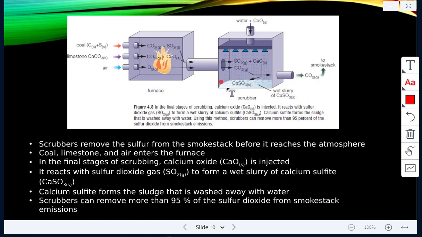That's what we see here, calcium sulfite, which forms a sludge that gets washed away with water. This is a really efficient process because scrubbers can remove more than 95% of the sulfur dioxide from smokestack emissions.